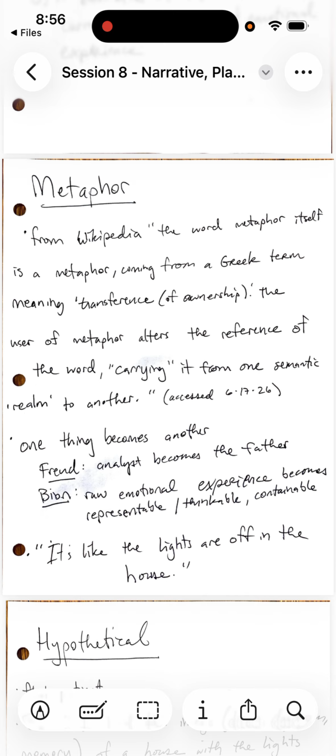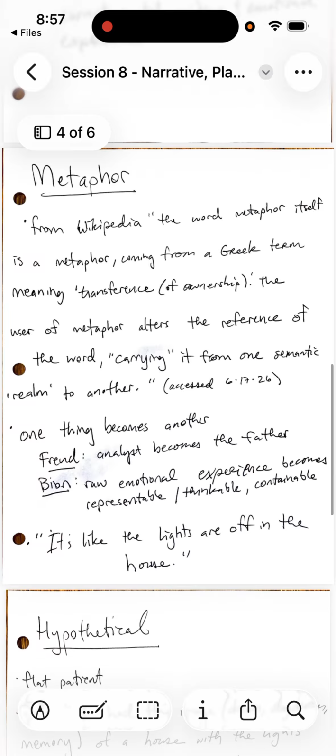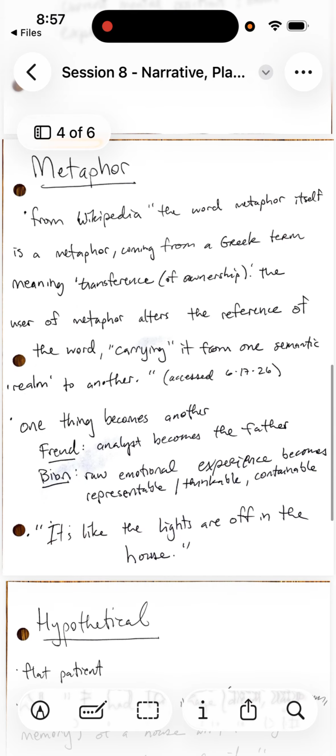Whether the patient brings up the metaphor or the therapist brings up the metaphor, metaphor is a powerful way because it is a literary device that links two elements that were not previously linked and can allow the generation of multiple different meanings and introduce new aspects into previously understood concepts, which really is a lot of what is attempting to be done in psychotherapy, opening up new vistas of understanding and ways of seeing by introducing new associative elements.